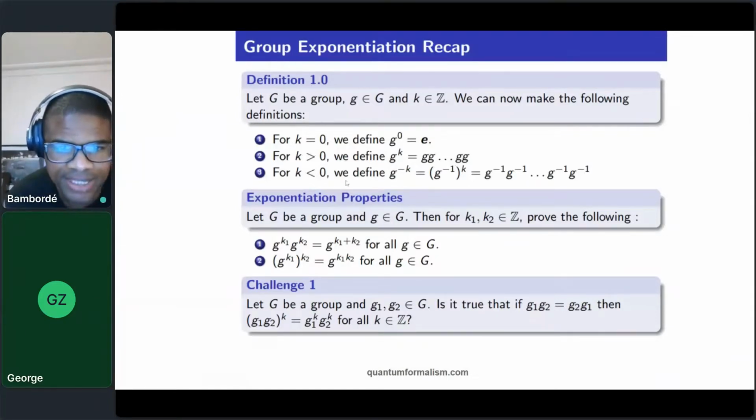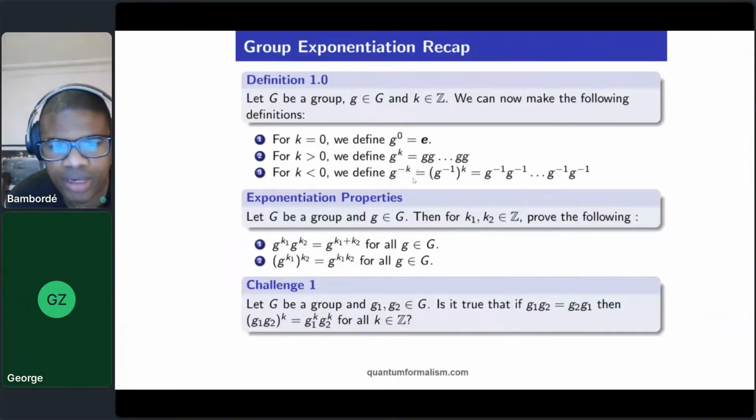Now, when k is negative, we define it like this: essentially the power of the inverse of k, on the group inverse of g. So we apply the binary operation k times to the group inverse of g. So that's it. This is the definition.